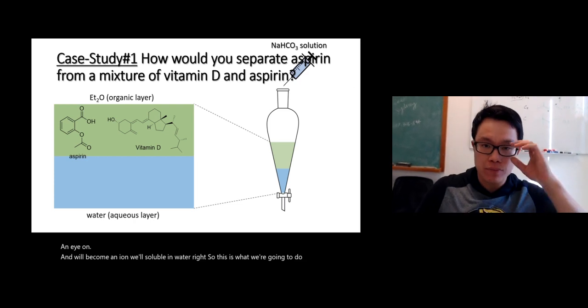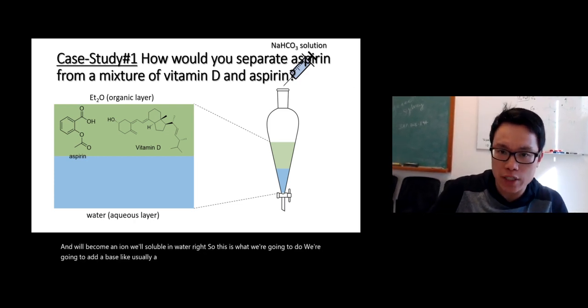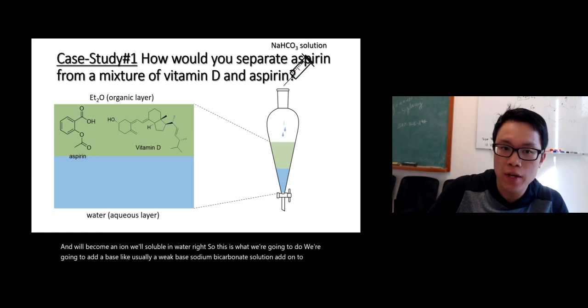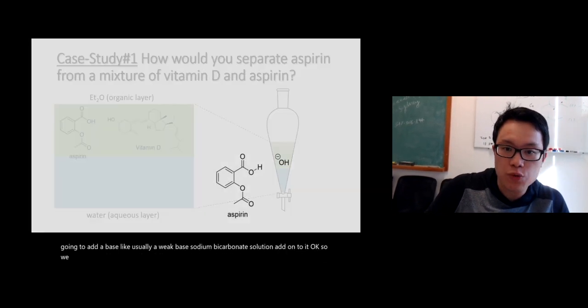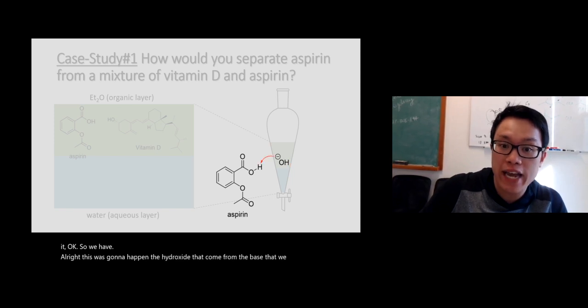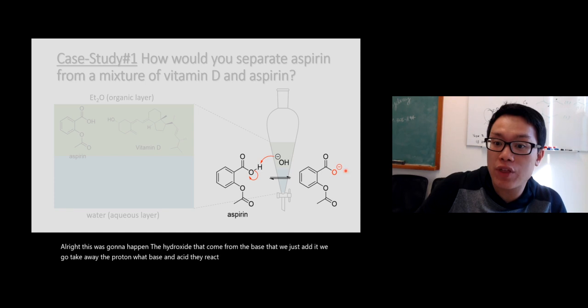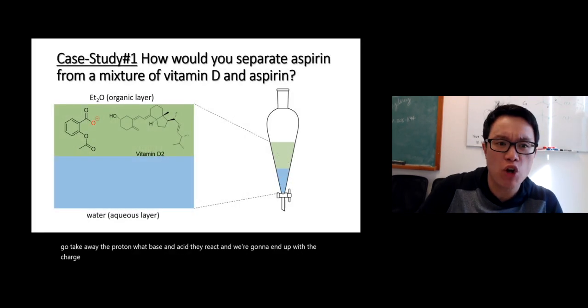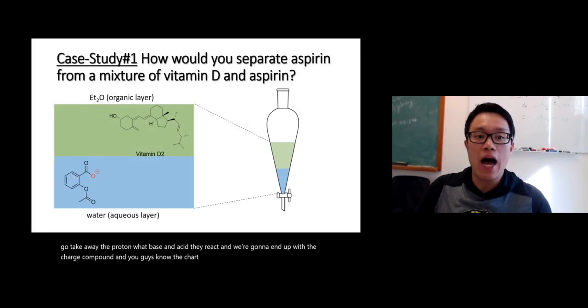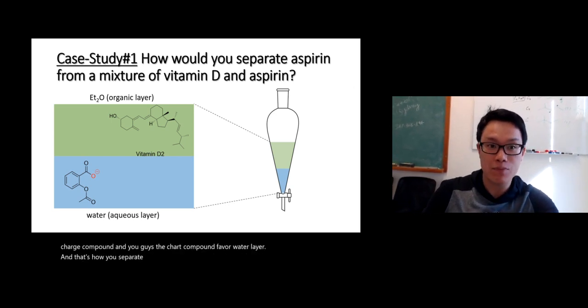We're going to add a base, usually a weak base, sodium bicarbonate solution. Okay, this is what's going to happen. The hydroxide that comes from the base we just added takes away the proton. Base and acid react. And we end up with a charged compound. And you know the charged compound favors the water layer. That's how you separate them.